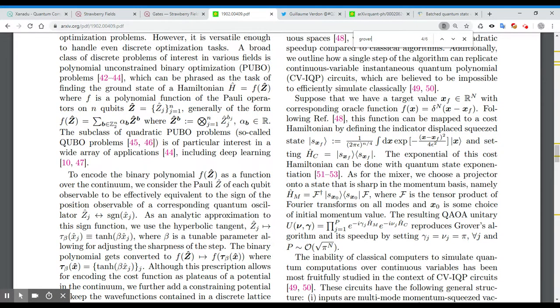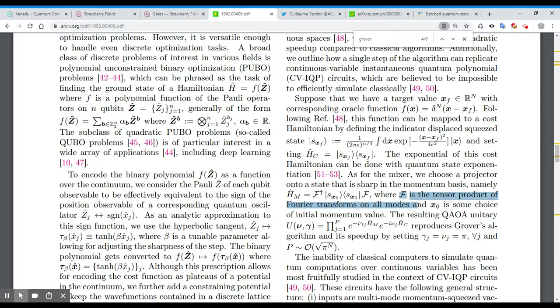Can do this by trial and error, but as for the mixer, we choose a projector onto a state that is sharp in the momentum basis. Namely, okay, so here we've got the Fourier transform for the mixer.